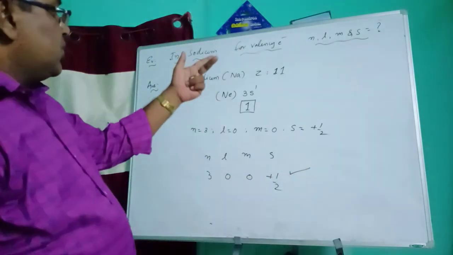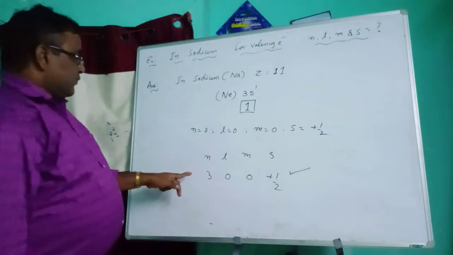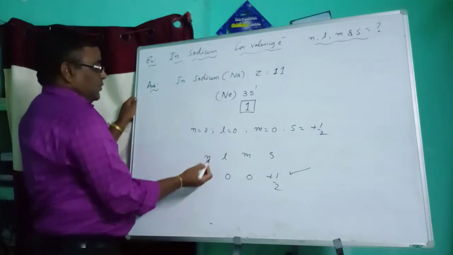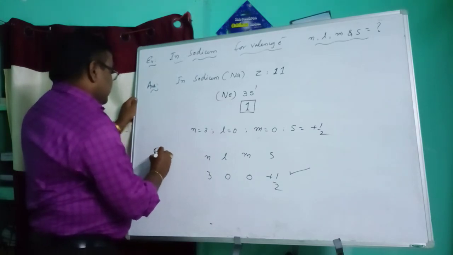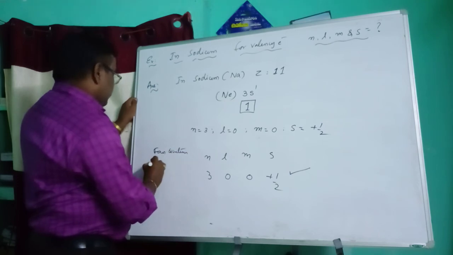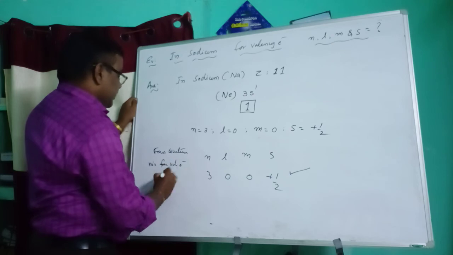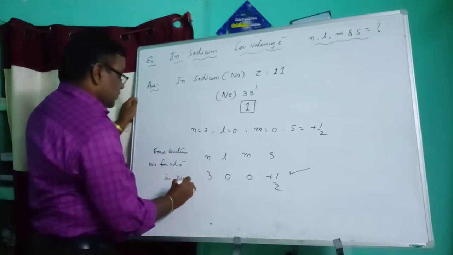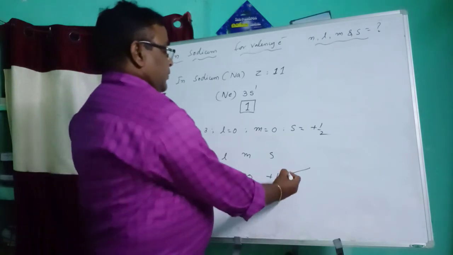So the four quantum numbers for the valence electron in sodium are 3, 0, 0, plus half.